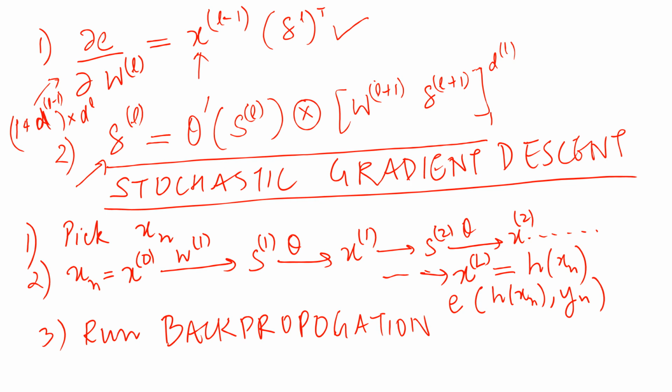So what exactly can I do at the last layer? My last layer is L. So in my last layer, I can calculate this delta E over delta sL, right? And let us assume we are working with the squared error and this is a regression problem. Of course, you can translate it to any other type of problem, but I'm just focusing on this to make sure that we understand everything.